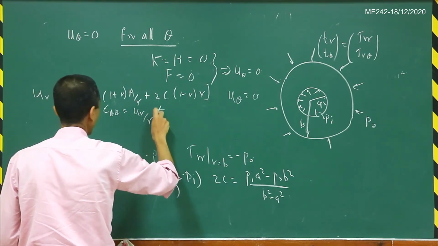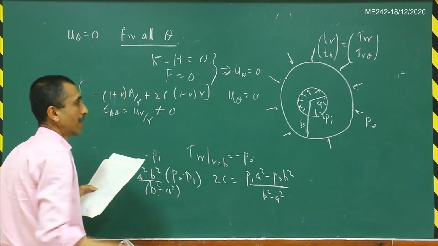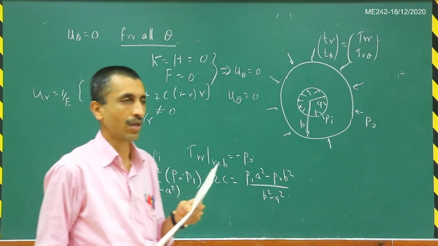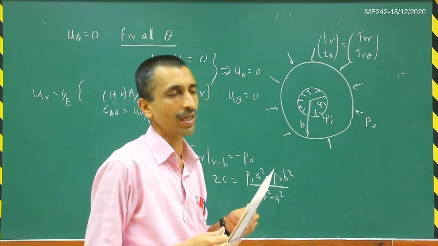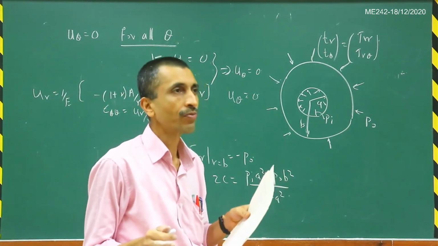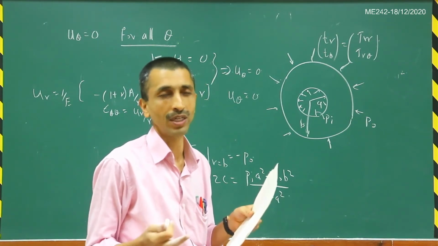So that is not equal to 0. This is something you should not make a mistake on: even though u theta is 0, epsilon theta theta is not 0.